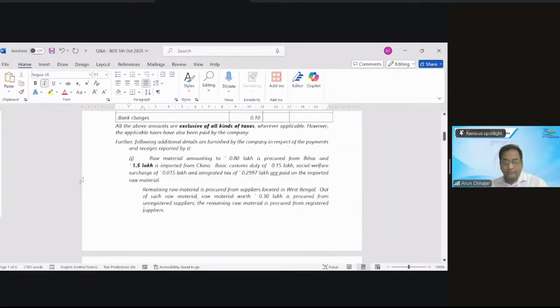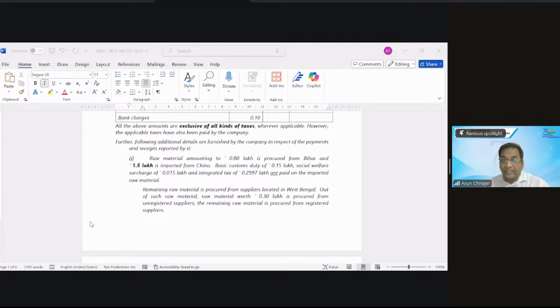Basic custom duty 15,000 and 1,500, into 18%. How this amount is being calculated, just for your understanding.